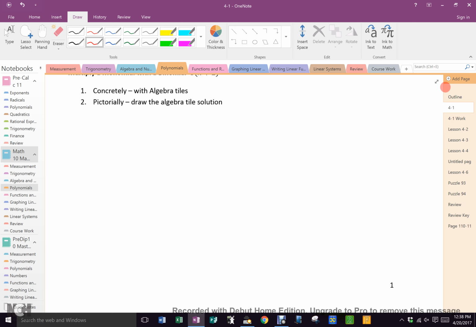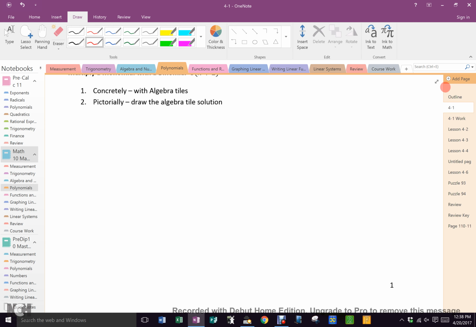Each side is x, yes? So if the length is x and the width is x, what's the area? X squared. Everybody with me? So that is x squared. That is -x squared. Everybody with me?